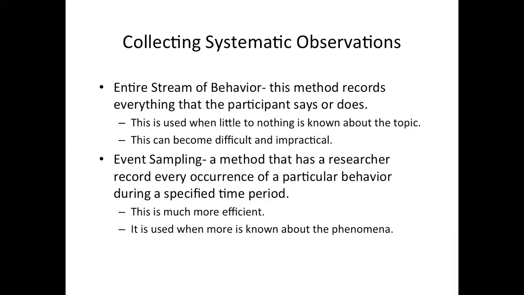It's a lot more efficient, but you can only go in with target behaviors if you know what you're looking at. So event sampling is used when more is known about a given topic or phenomenon. So event sampling would be used for more structured or systematic observations, whereas observing the entire stream of behavior would be more for naturalistic observation.